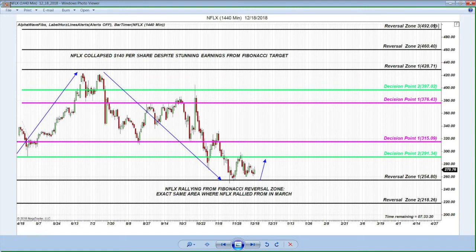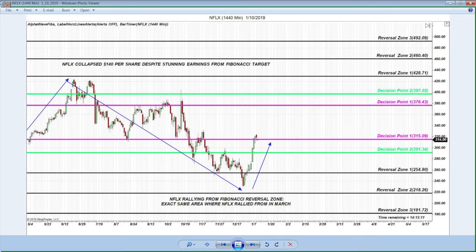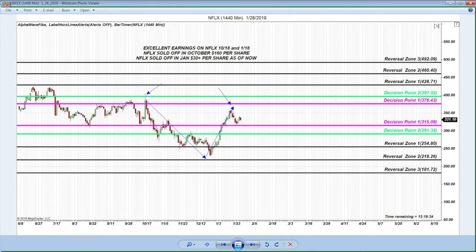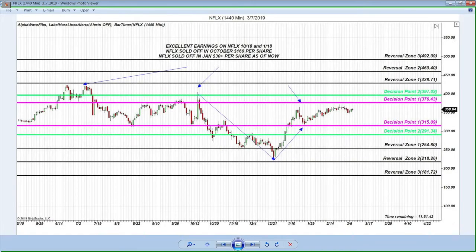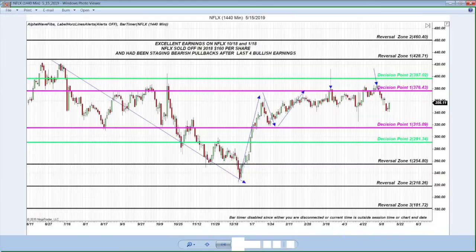2019. Take a look. Shock or not? Fibonacci resistance is a big problem, 376. Netflix comes out again with stunning earnings, but 376 is a problem. Stunning earnings, Netflix adding more and more millions of subscribers, cannot break through stock at key Fibonacci resistance. This is Netflix now.